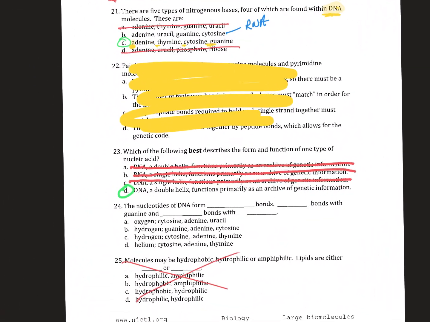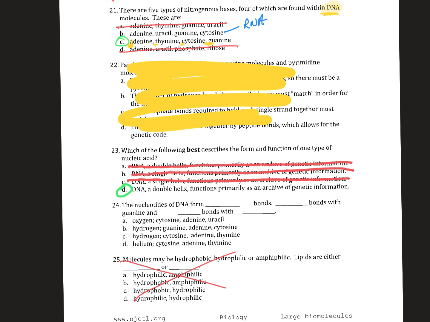But when we look at this, what is this question asking? Nucleotides of DNA form hydrogen bonds. And something bonds with G. What bonds with G? T, no. C. C bonds with G. So hydrogen bonds, you know it's not oxygen. You know it's not helium. My God, 5 people chose helium. Why would anyone choose helium, except for sheer panic?